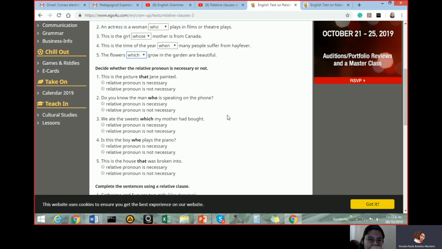Now we're going to develop the second part. With this, we apply that you tell me if the relative pronoun is necessary or not in the sentence. Okay, number one: this is the picture that Jane painted. What do you think? Is the relative pronoun necessary or not? Okay, teacher.